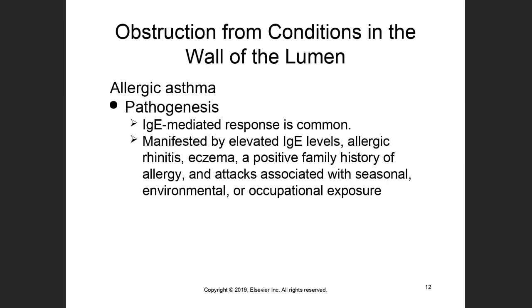Allergic asthma pathogenesis, of course, is immunoglobulin E mediated, manifested by elevation of immunoglobulin E, allergic rhinitis, and eczema. All those are part of the allergies. Also contact dermatitis is extremely related to those patients.